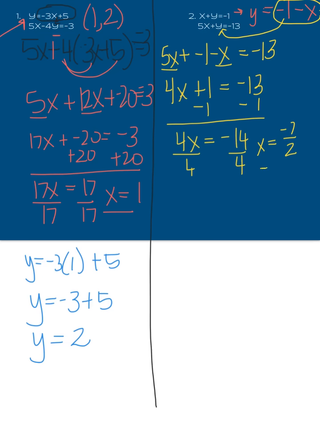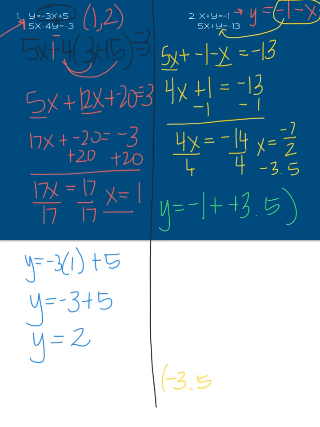Or if you want to say -3.5, that's fine. So I have one part of my ordered pair, -3.5. So now I have to find the y. So again, I'm going to go back to the original equation that I rearranged, and I'm going to go y equals -1 minus -3.5, and I'm going to solve.